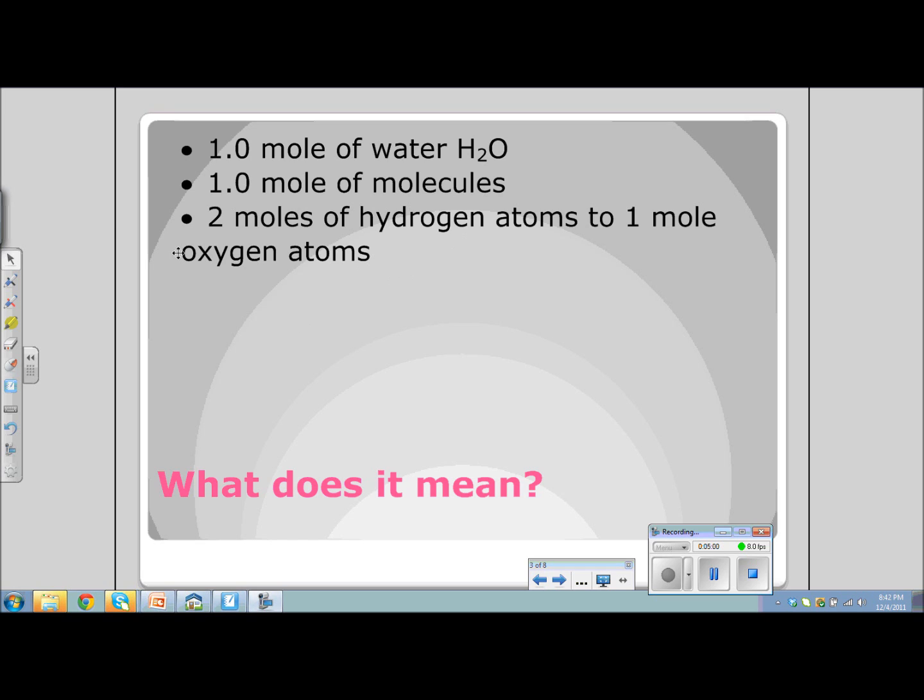So we know that H2O, once more, has 2 moles of hydrogen atoms to 1 mole of oxygen atoms. So the ratio is 2 moles to 1 mole.